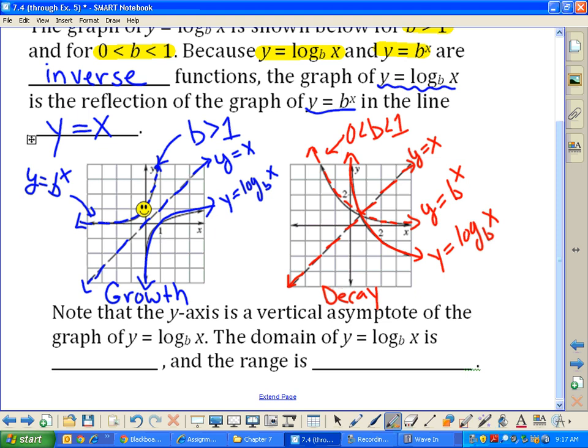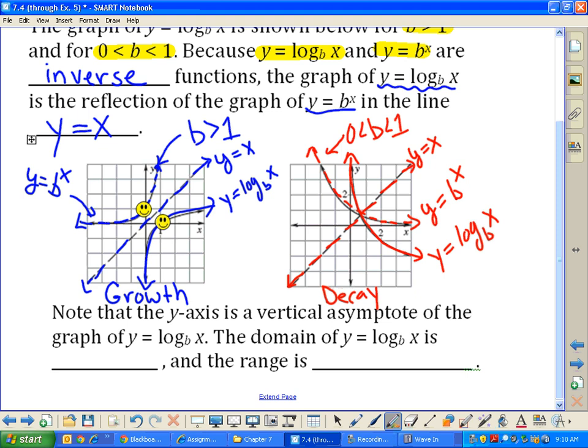When I flip it over the line y equals x to graph the inverse, it's not 0, 1, it's 1, 0. So the y-intercept on the exponential function actually becomes the x-intercept, which is what Bree was talking about for our logarithmic function. We always look for those intercepts. They're important points. So that's kind of interesting.